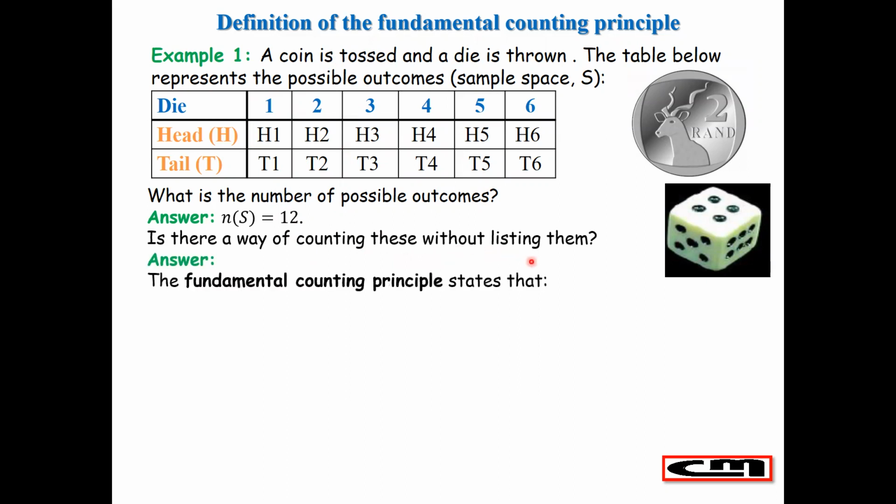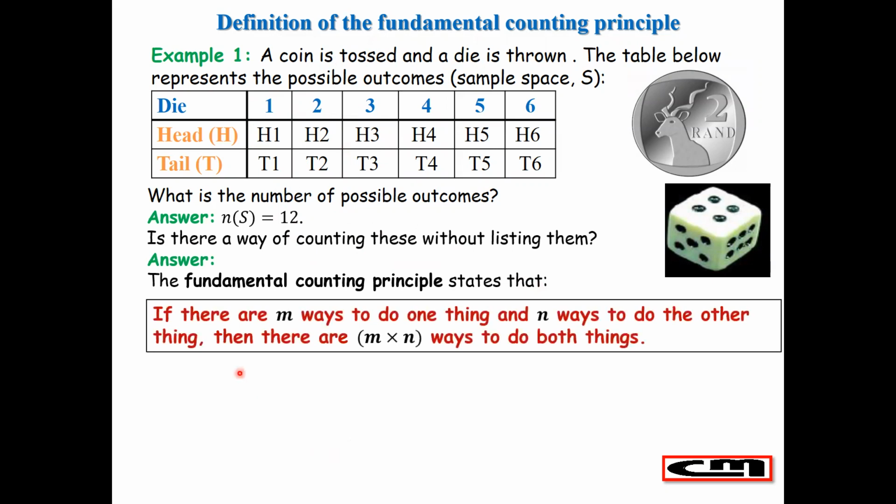The answer is in the fundamental counting principle, which simply states that if there are m ways to do one thing and n ways to do the other thing, then there are m times n ways to do both things. I want you to understand carefully here when we say m ways and n ways.